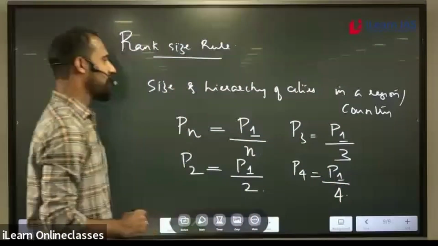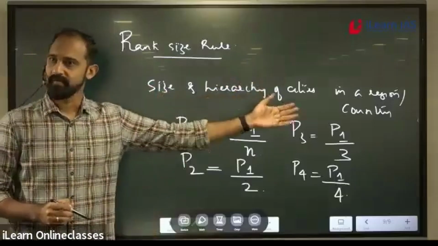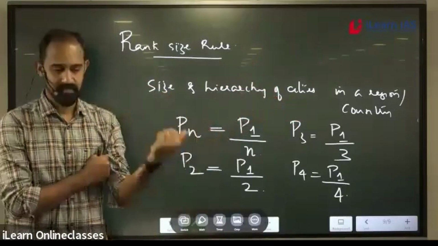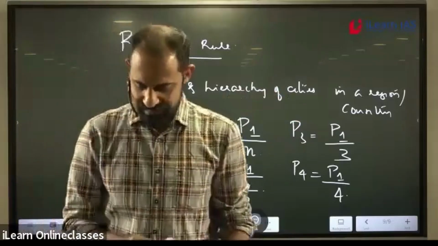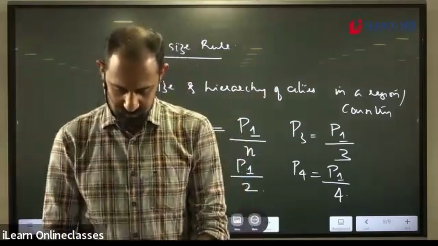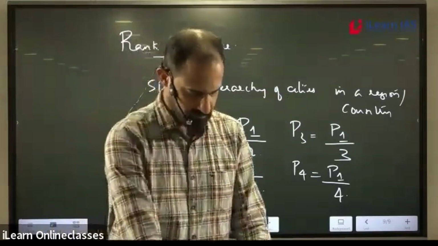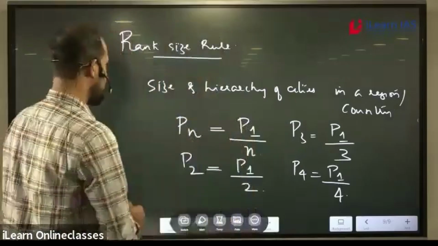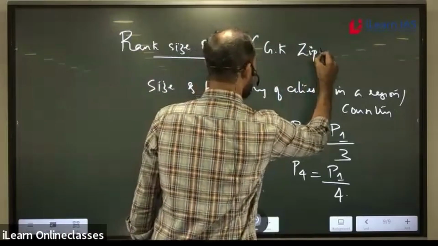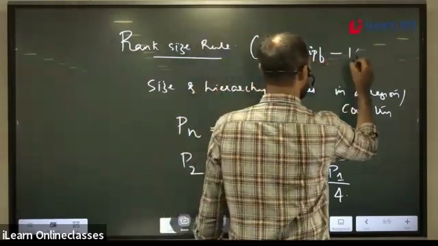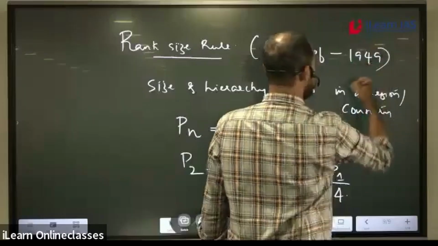So it gives you an idea about the size as well as hierarchy of cities in a particular country or a region. Now, this theory was given by a person called Zipf in the year 1949.